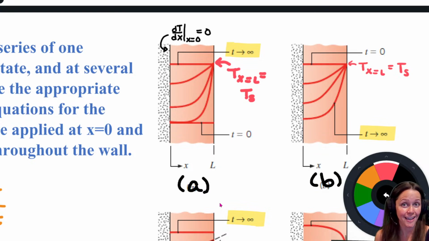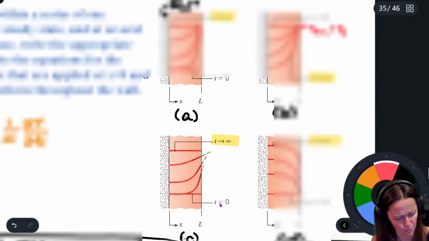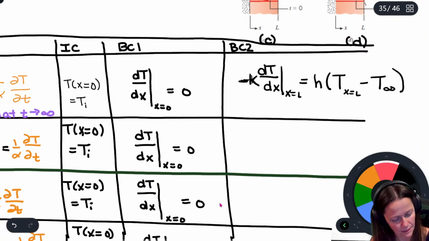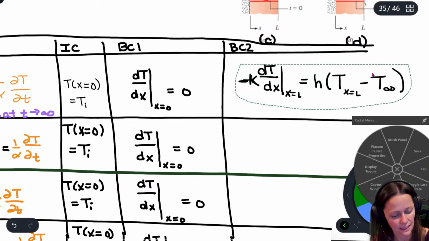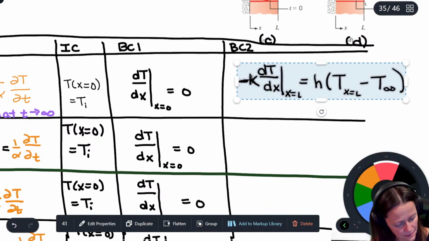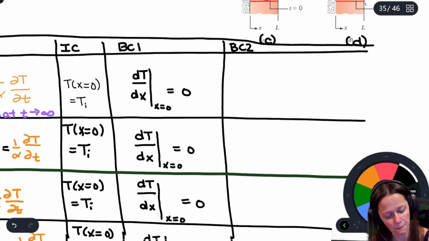So for A and B, the second boundary condition is a constant surface temperature. So let's go fix that, okay? Oh my goodness. I'm sorry. I'm going to delete this. I do apologize.